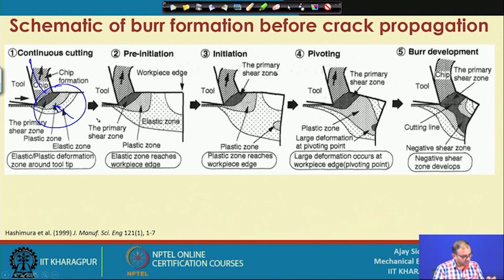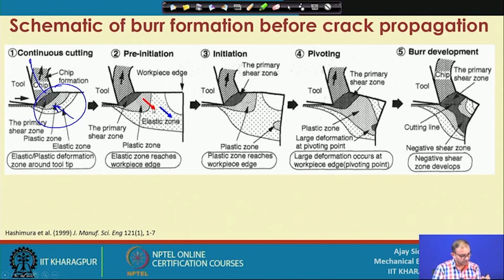So, when you continue in this direction, whatever the plastic zone and elastic zone are, they will try to propagate. Now, this is the end edge of the workpiece, because we know that mostly burrs are formed on the top surface or the edge of the workpiece.